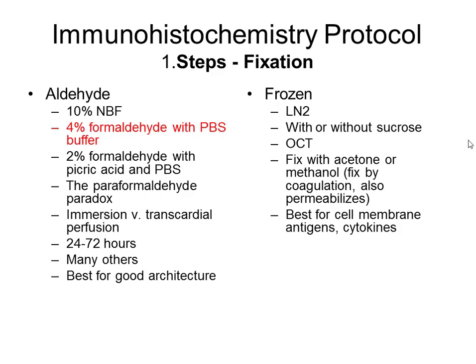Liquid nitrogen fixation is a very interesting and important technique for the best identification of cell membrane antigens and cytokines. But generally it's difficult to make a series of slides.